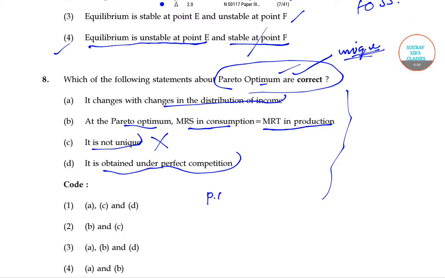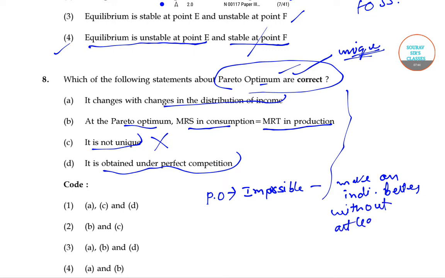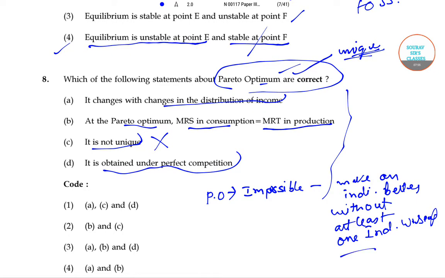Pareto optimality is basically a state of allocation of resources from which it is impossible to reallocate so as to make one individual better off without making at least one other individual worse off.